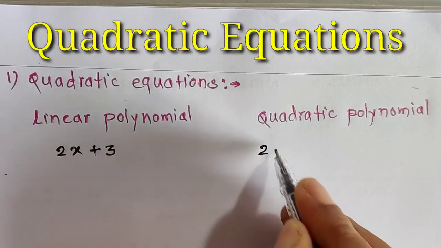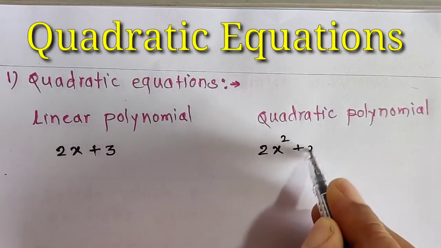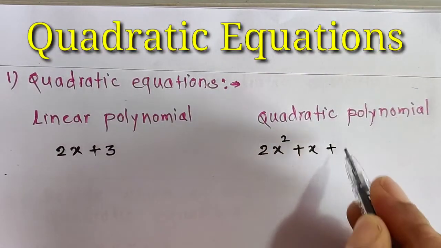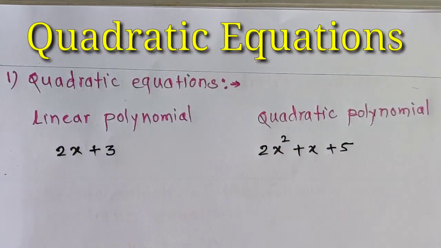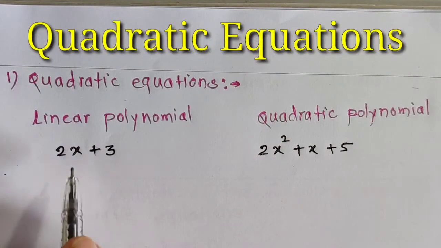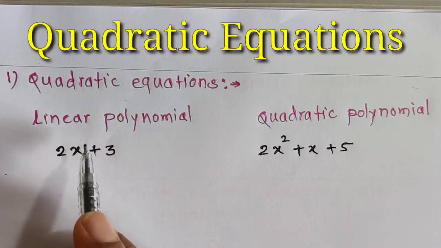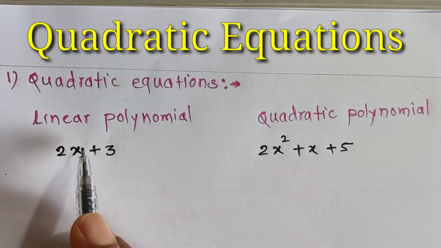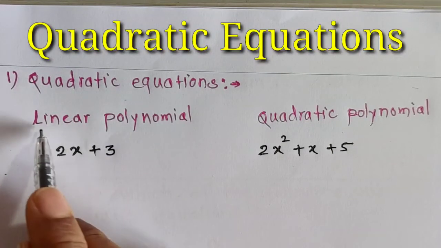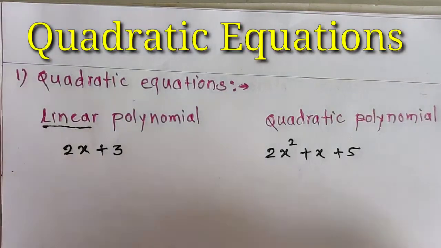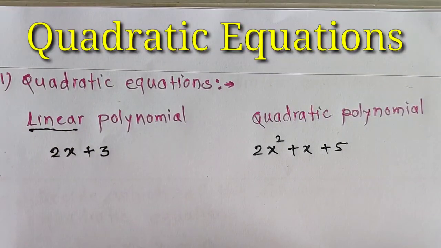And 2x square plus x plus 5 is called a quadratic polynomial, because the degree, the highest index of that variable, is 2. Similarly the linear polynomial gives a linear equation.